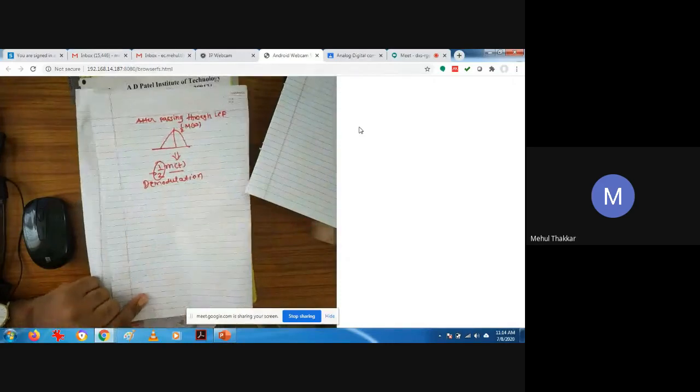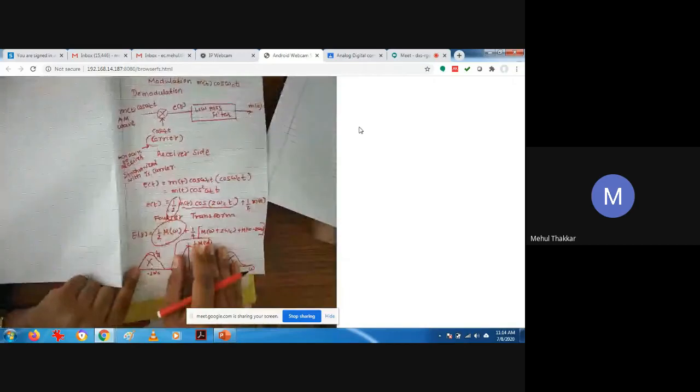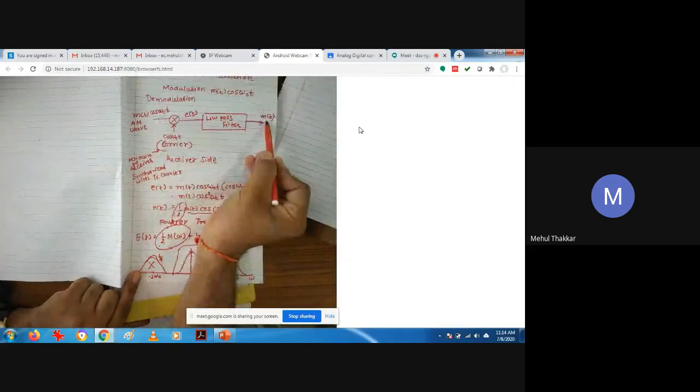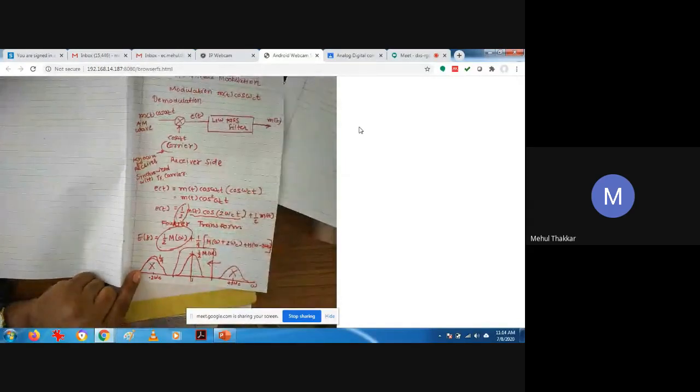Now this demodulator which we have discussed has taken the input m of t cos omega ct, and it has generated the output 1 by 2 m of t, or after amplification you can say it is only m of t. This demodulator utilizes the same carrier which was transmitted.